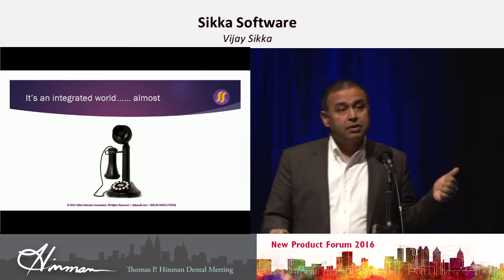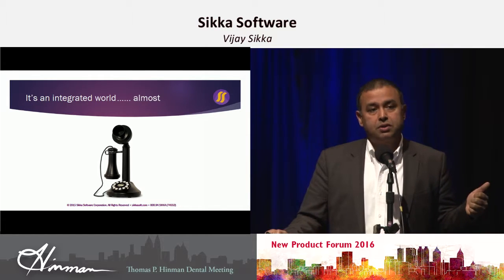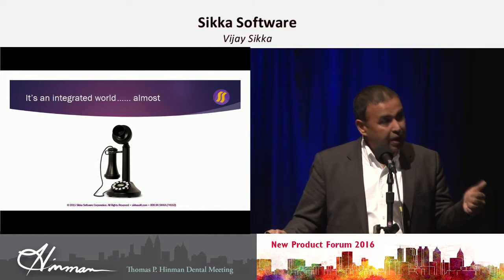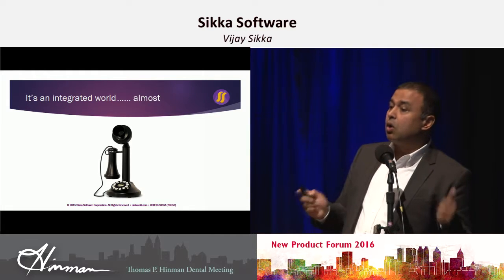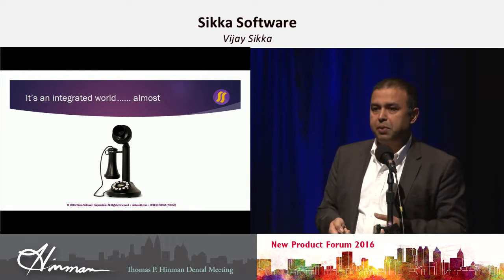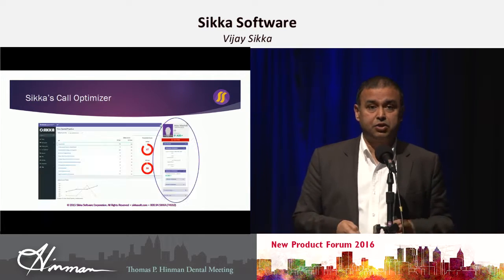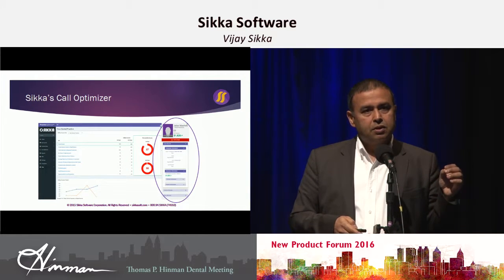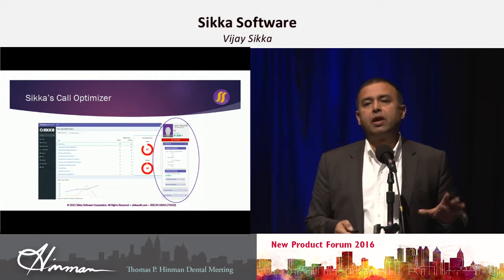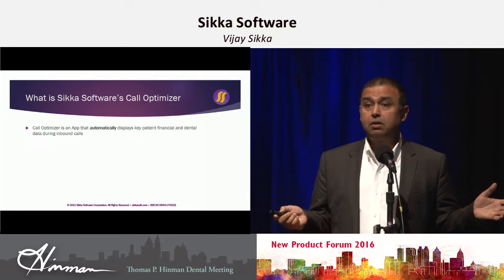We found that there is $2,800 that is spent by your team in just trying to locate information about that patient, whether it's through the practice management system or through the records that you have. And that is literally what this program that I am sharing with you solves completely.